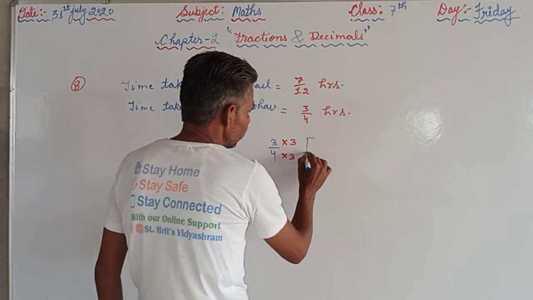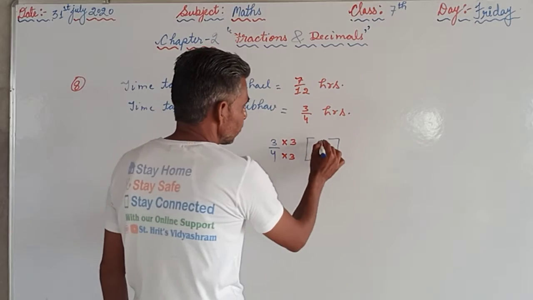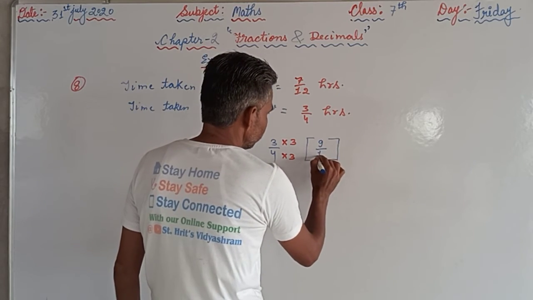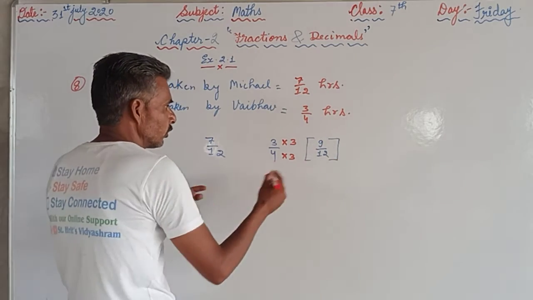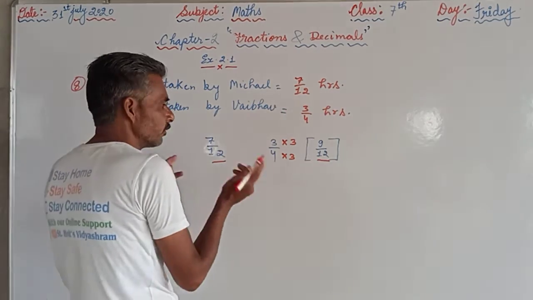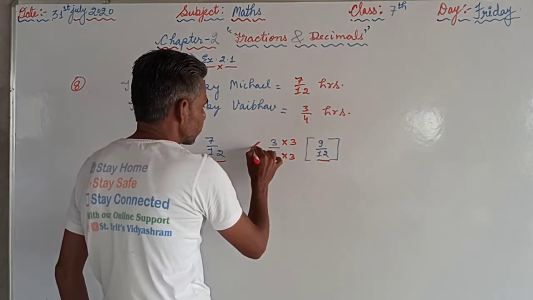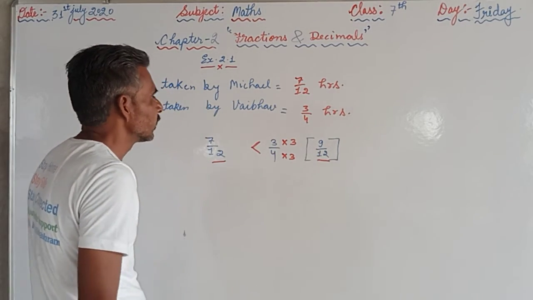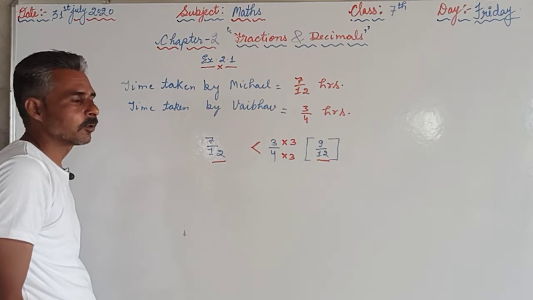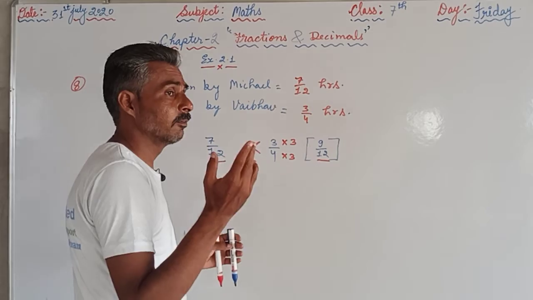So we can write here in the bracket the equivalent form of 3/4, that is 9/12. Now both become like fractions. The denominator is the same, and 9 is larger than 7. So we can say 3 upon 4 is larger than 7 upon 12, means Weber took longer time.